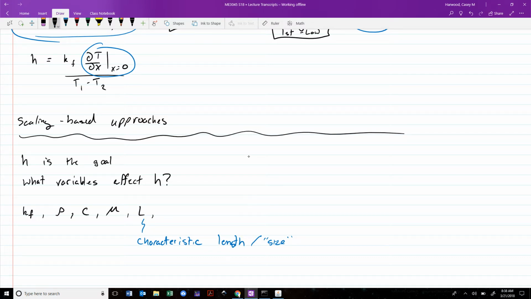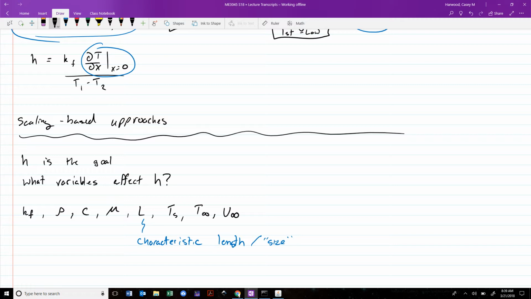We've got Ts and T infinity, the temperatures of the surface and the flow past that surface. We've got U infinity, the velocity of the flow past that surface.